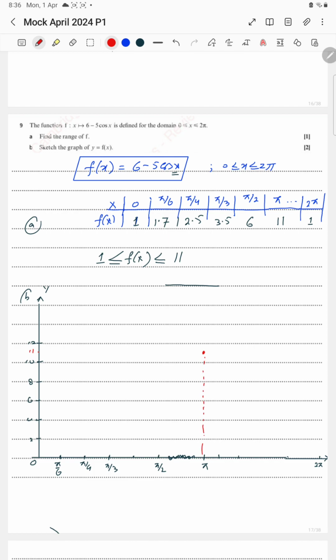So you can start from 0 till 1. 1 is here, start from here, and then at pi by 6 it is 1.7, about here, and then 2.5 is here, and then 3.5 is here, and then it goes increasing.